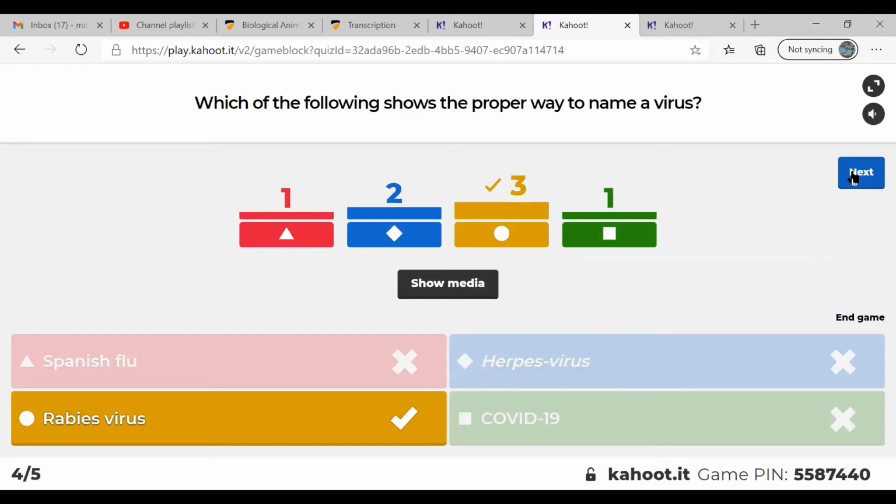Virus names always have the word virus in them, so we can exclude the Spanish flu and COVID-19. COVID-19 actually is the name of the disease, not the name of the virus. It stands for coronavirus disease 2019. Herpes virus has no hyphen in there and is not usually italicized, so that one is almost okay. So the correct one is really rabies virus. A little bit more difficult on that one.